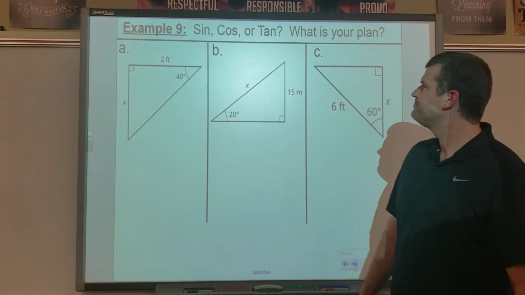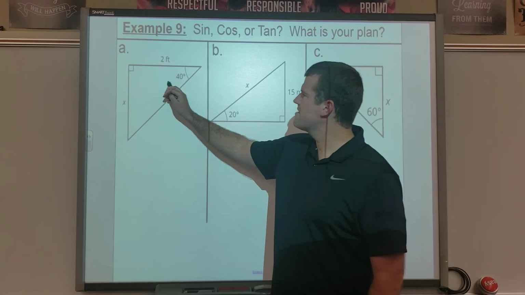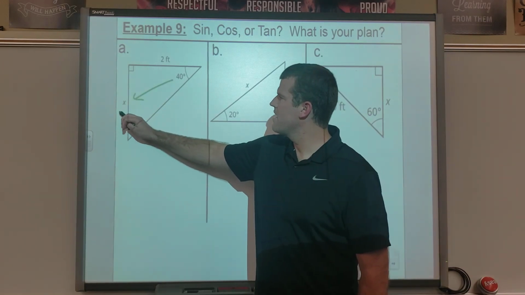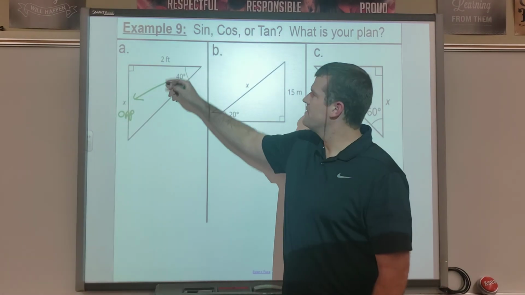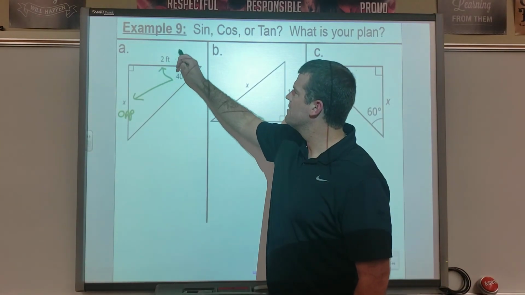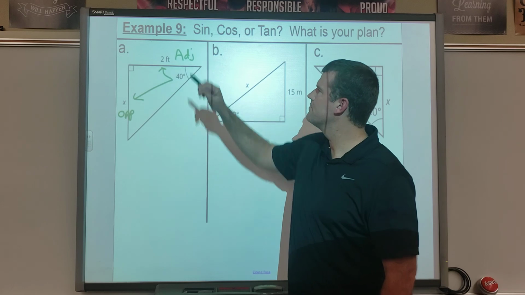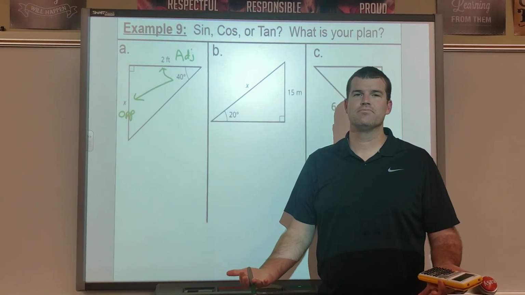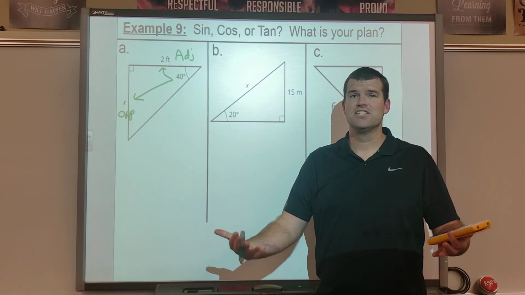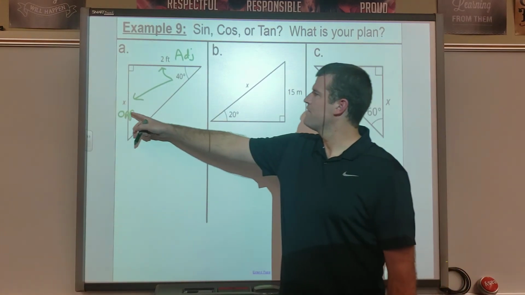So this problem, I recognize that this side across is the opposite. That's what I'm finding. I know that this side here is the adjacent. So which trig function am I going to use to solve this problem? Yeah, tangent, right? We are finding the opposite.